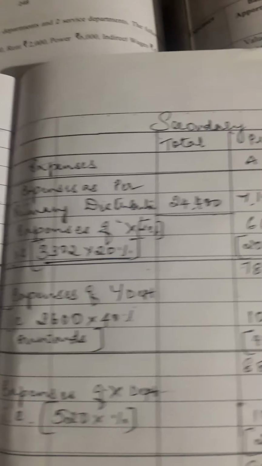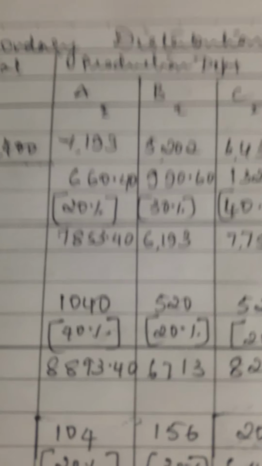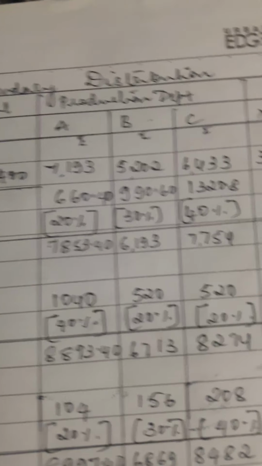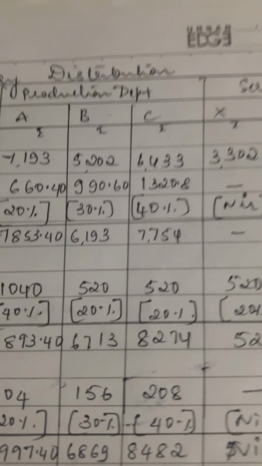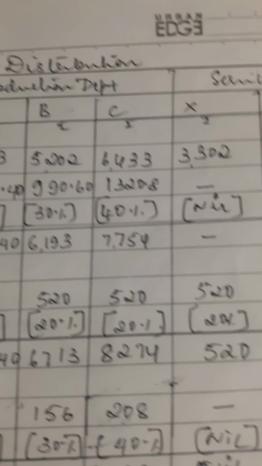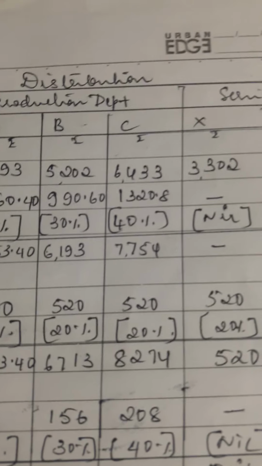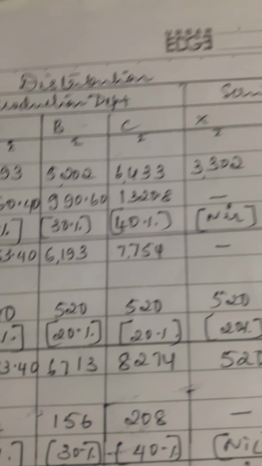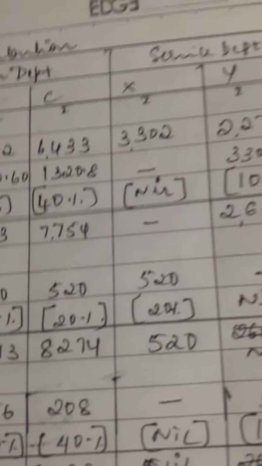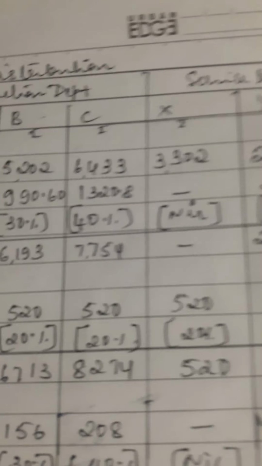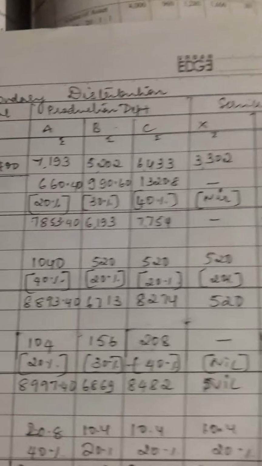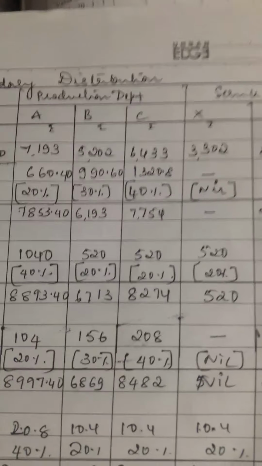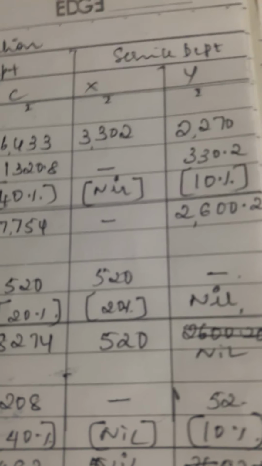See, I have mentioned here 3,302 into 20% will be 660.40, 30% will be 990.60, 3,302 into 40% will be 1,320.8. We will not give it to X department because that expenses only we are redistributing to all the departments. Therefore, we should not give to X department. Next is Y department, that is 10%.